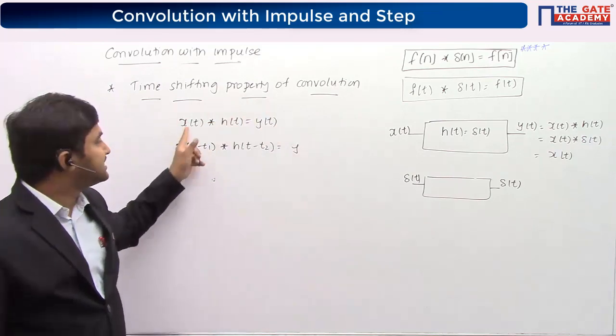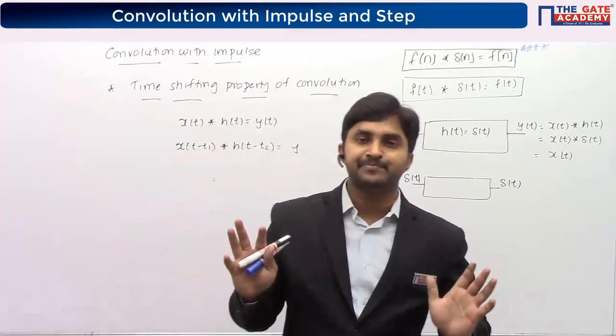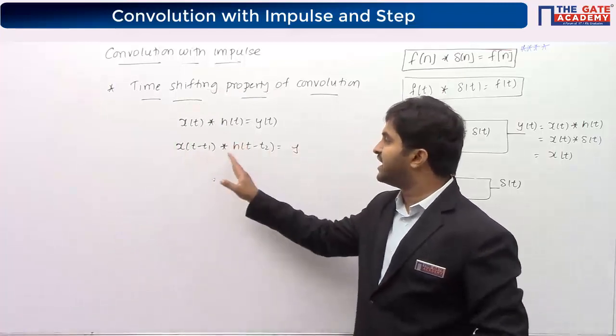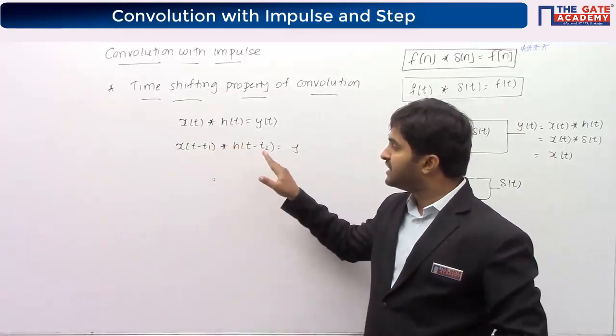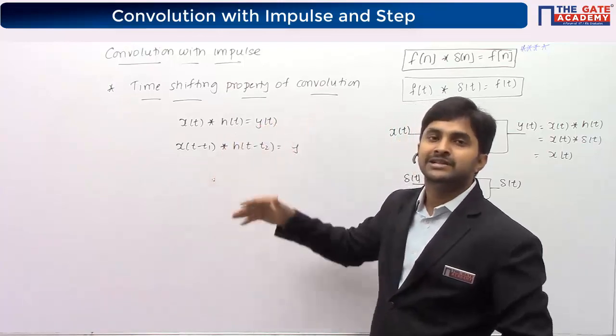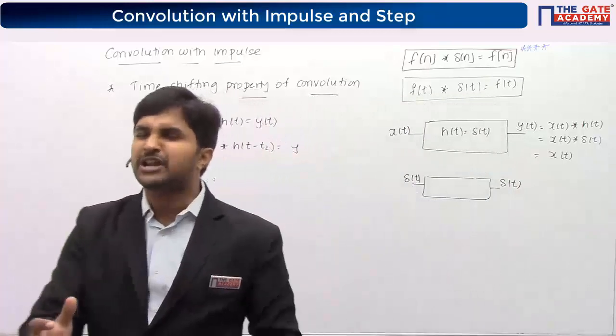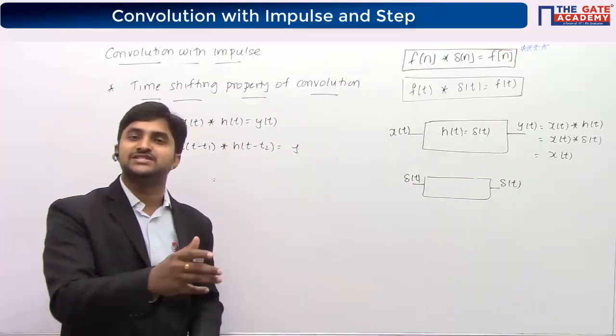Delay means nothing but a simple time shift. So when you have a delayed signal and a delayed impulse response, is it again required to find the result of convolution? The answer is no, because we have properties, and properties help you to quickly answer a question.